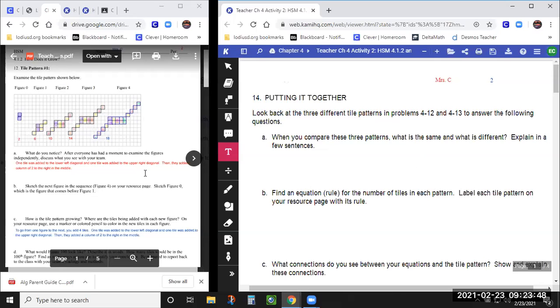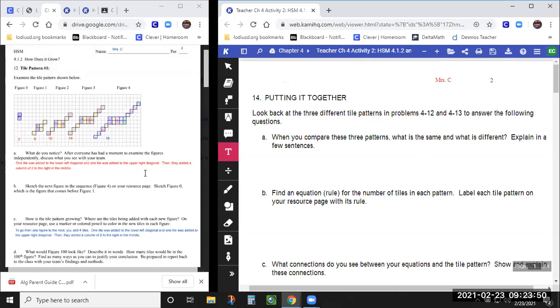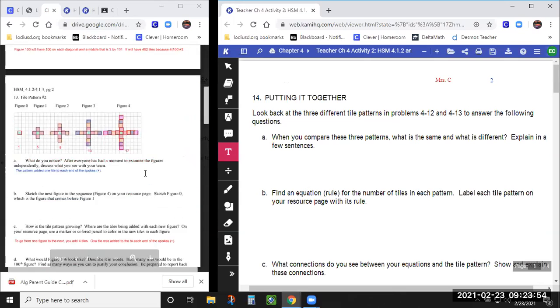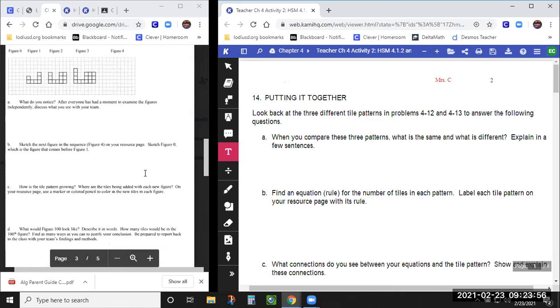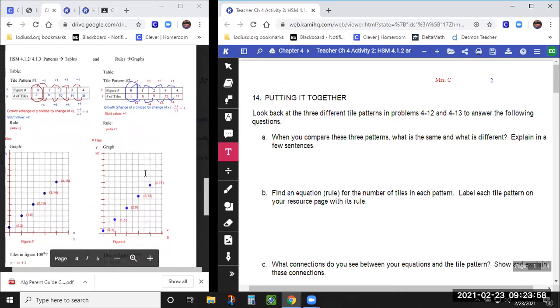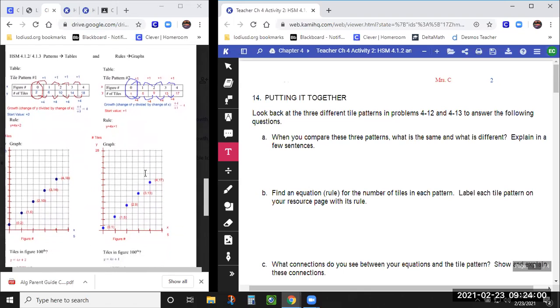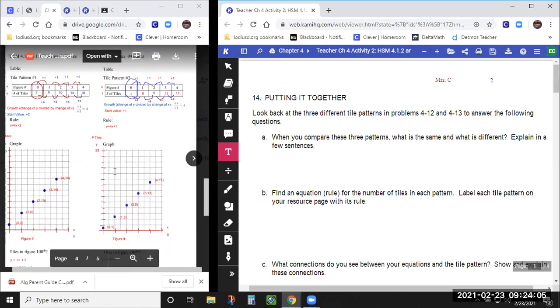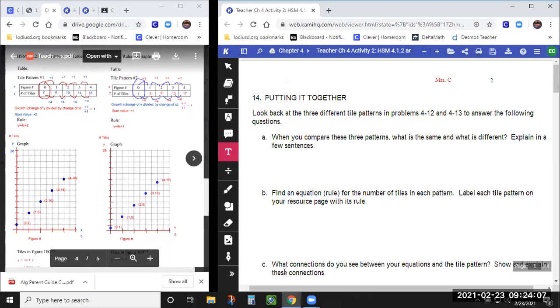So I know for sure before we left and you had to do your own, we noticed what about pattern 1 and pattern 2? What did we end up figuring out about pattern 1 and pattern 2? This is them side by side.